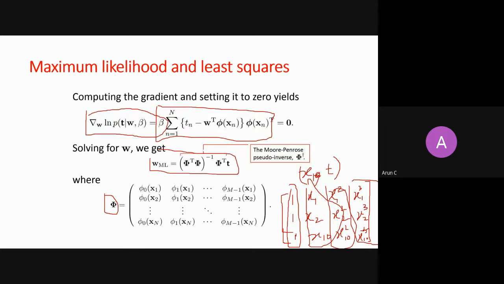How many points do you have in your data set? That is n points. And what is the projection? How many dimensions do you want to project? Let's say it is m minus 1 dimension, so then it is m dimension, because 1 is fixed. It started from 0. So the matrix dimension will be n by m.